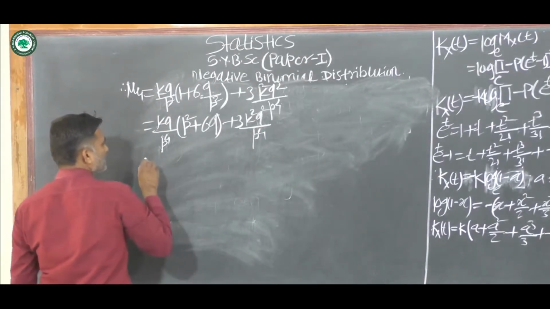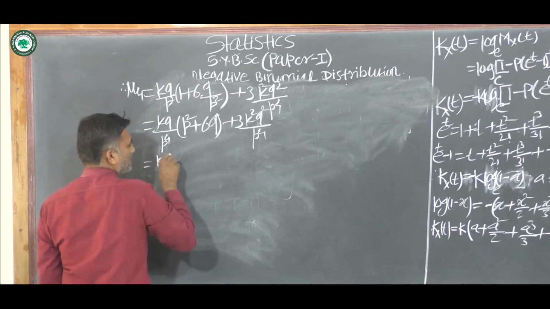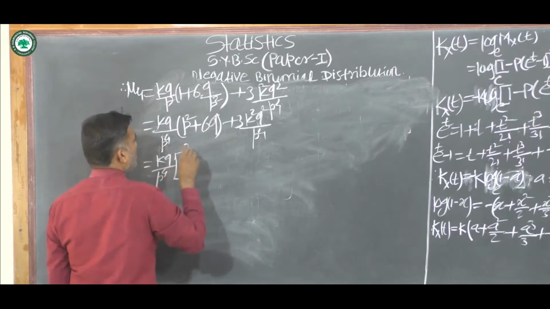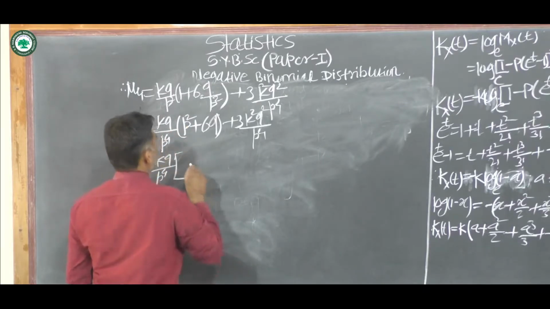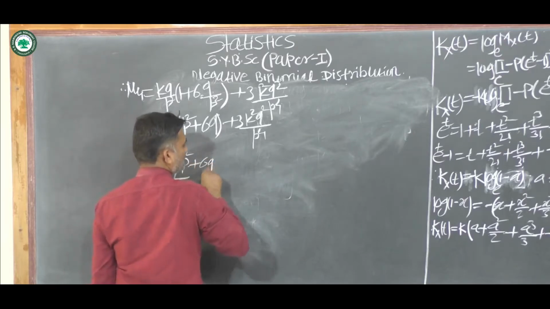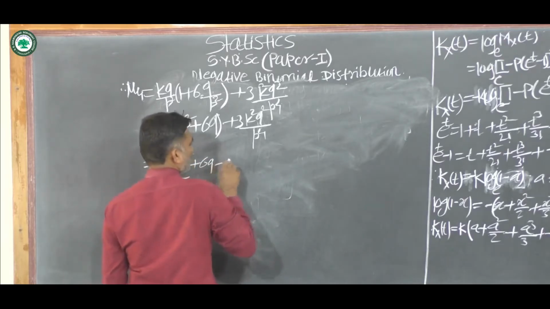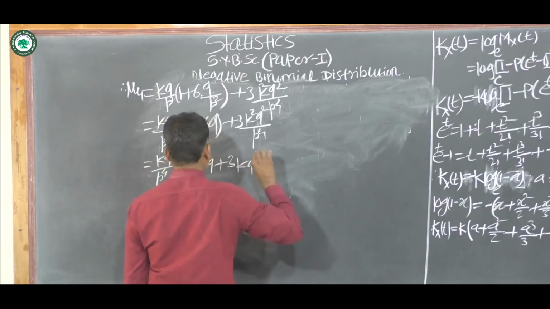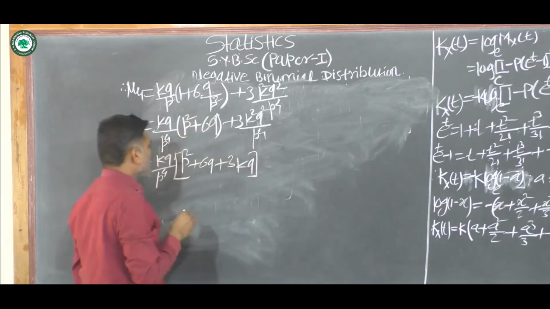Okay, again which is equal to k into q upon p raised to 4 into bracket p square plus 6 into q plus 3 into k into q. This bracket complete.